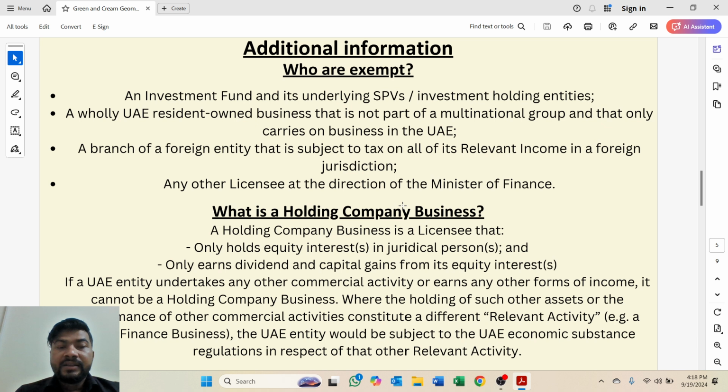An example can be lease finance activity. In that case, that UAE entity will have to comply with the UAE economic substance regulation in respect of only that other income or revenue they are earning from other relevant activities.